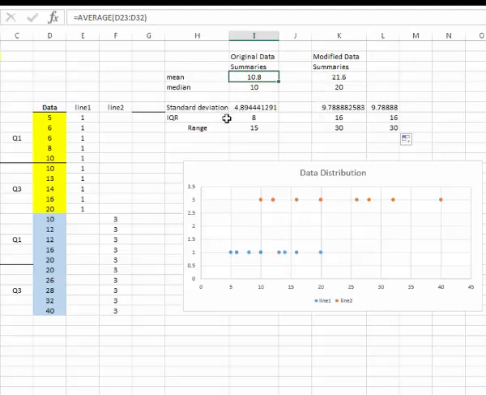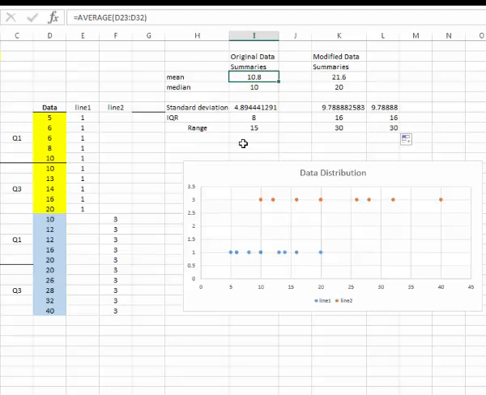So notice that multiplying every single data value by a constant does affect the mean, the median, standard deviation, the IQR, and the range. But how does it affect it? It actually is very nice. It's actually the product. If you multiply everything by 2, then all the summaries are going to be multiplied by 2.